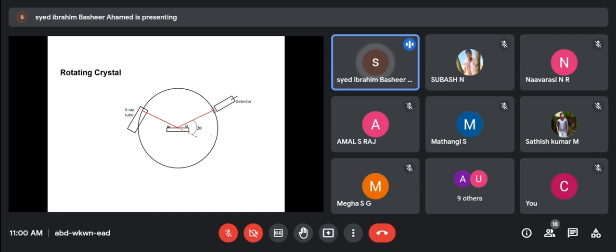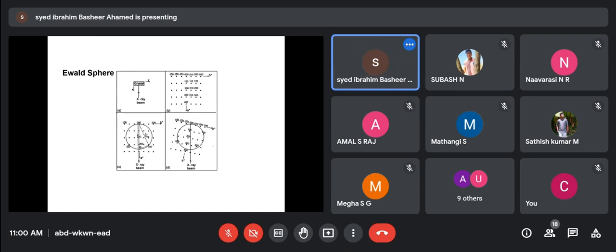So what is this 2 theta? We will see that. Assume the crystal is made up of several lattice points just like this. Whenever you have a diffraction, you are recording these lattice points only, as a reflection.